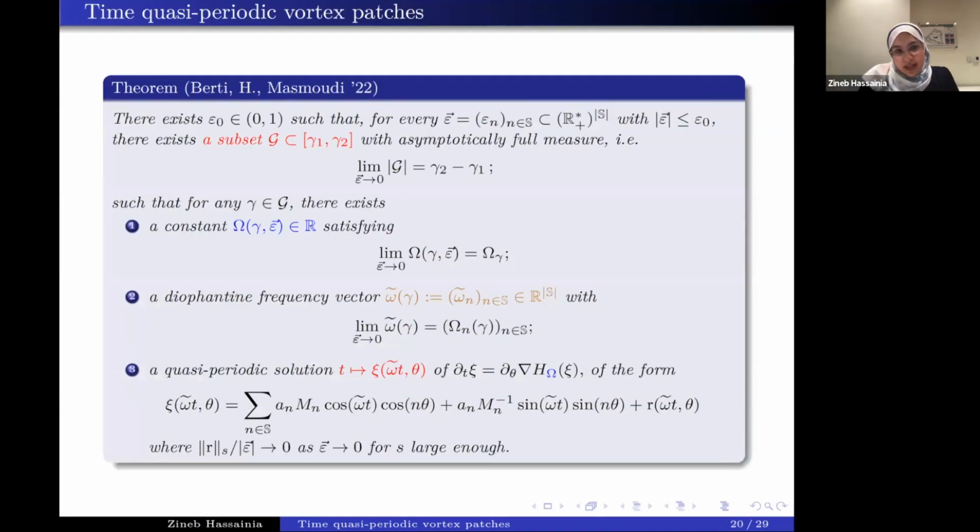So with Massimiliano Berti and Nader Masmoudi, we proved the following.